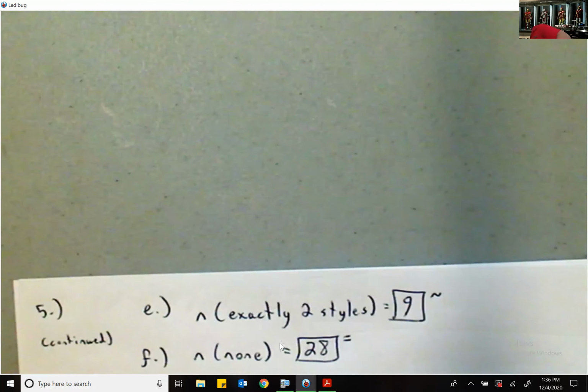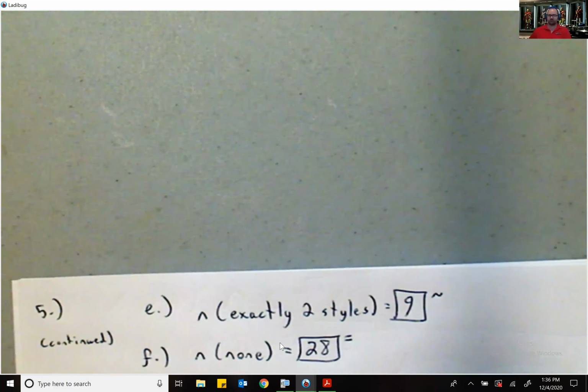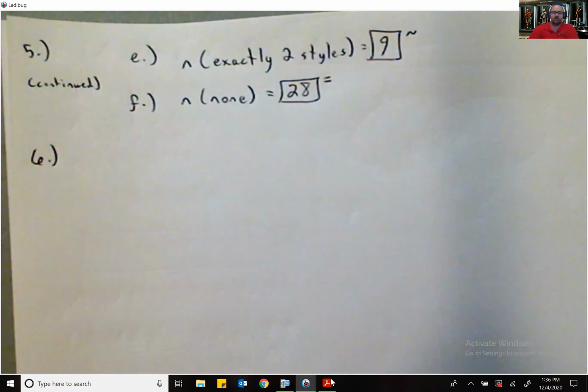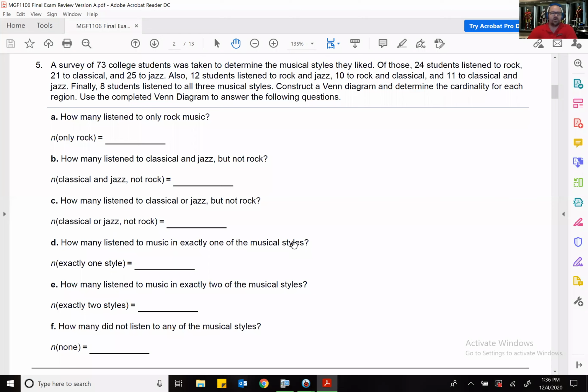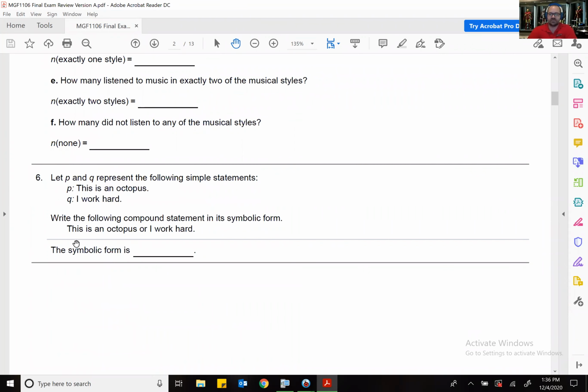All right. Number 6. So that was the end of chapter 2. Number 6 starts chapter 3. So in number 6, we've got let P and Q represent the following simple statements.